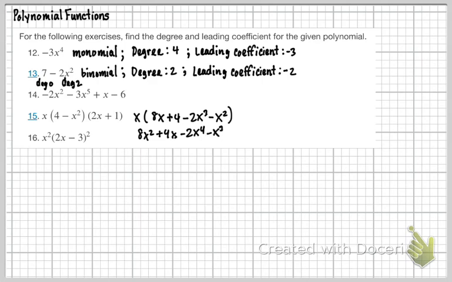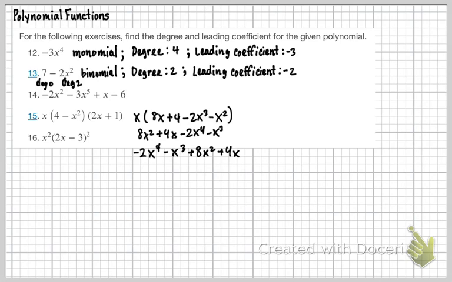And then I'm just going to rearrange these. Now, I don't have to do this. I don't have to arrange it. I just like to because it makes things real clear for me as far as where everything goes and what it is.